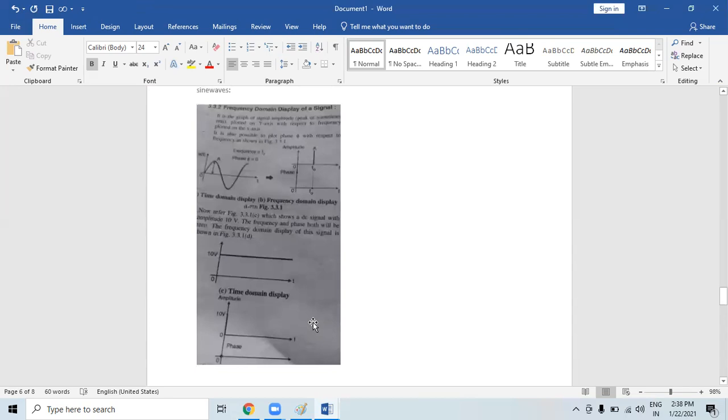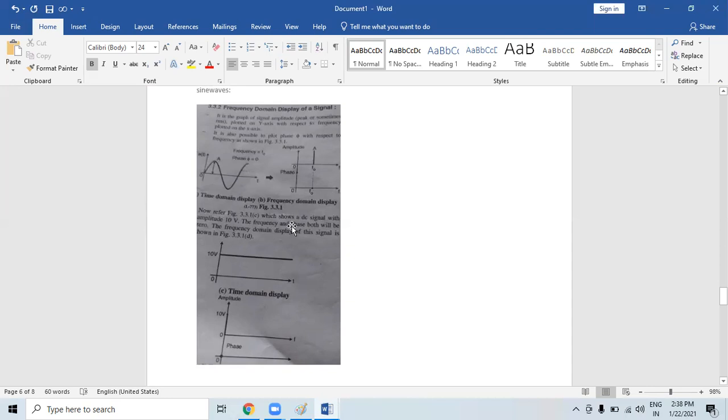It is a graph of signal amplitude, peak or sometimes power, plotted on the y-axis with respect to frequency plotted on the x-axis. It is also possible to plot a phase with respect to frequency. So here you can see frequency is indicated by f0 and phase is indicated by t0. So this is the frequency, this is the amplitude, and this is the phase.